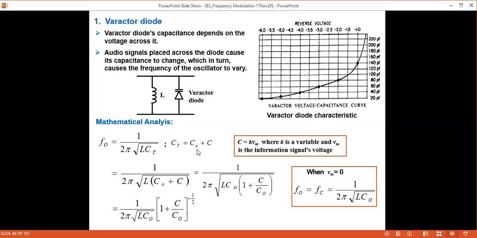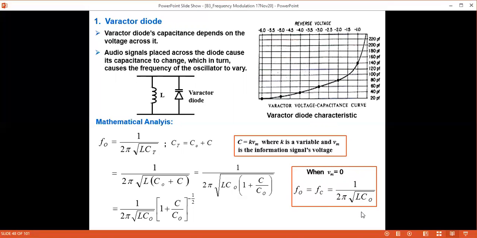C naught is the value of our capacitance when Vm equals 0, meaning that when there's no input signal, F out is equal to FC. FC is our reference frequency, which is equal to 1 over 2 pi square root L C naught.